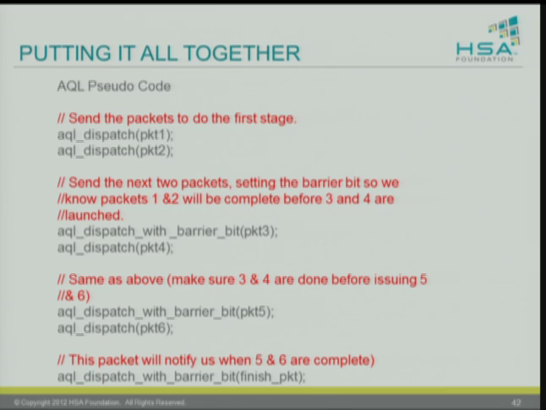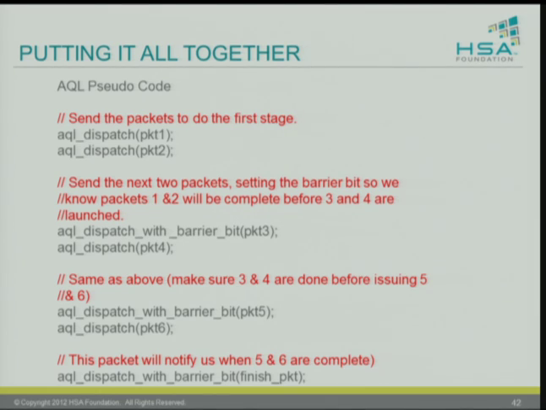Then the third packet is sent with a barrier bit set, and that means that this third packet won't execute until these 2 previous packets have completed. You chase packet 3 with packet 4, and it doesn't need a barrier bit. Packet 5 does need a barrier bit, because it depends on the results from 3 and 4, and packet 6 then goes behind packet 5.